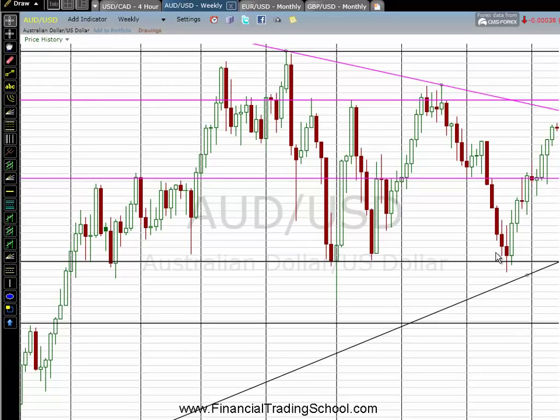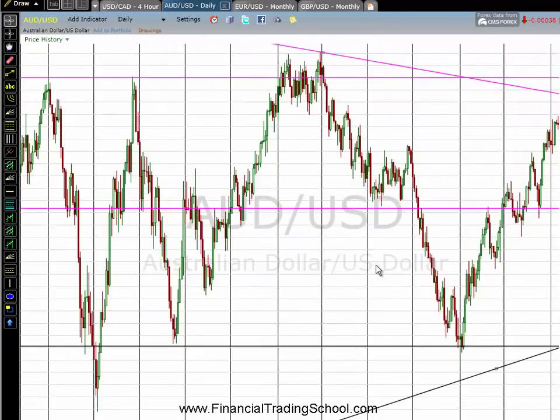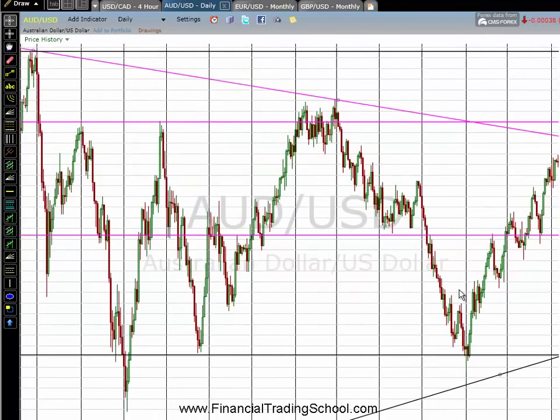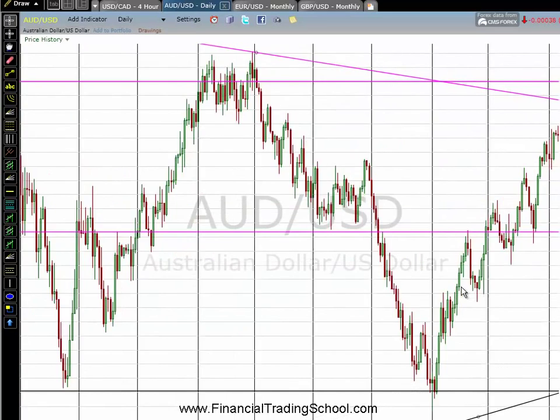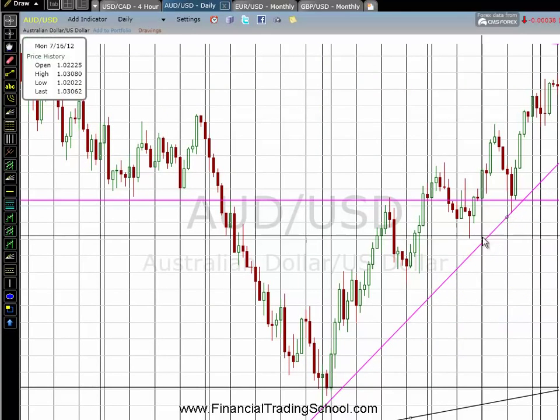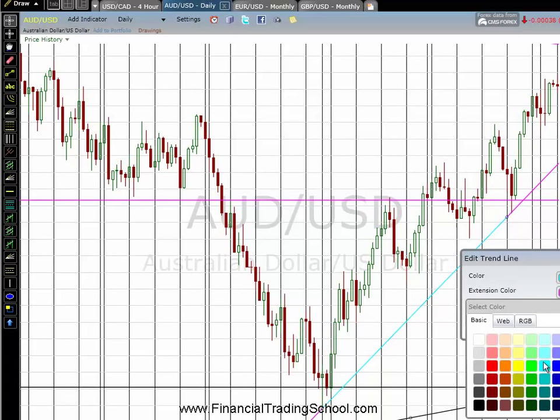Now let's move on to the daily, which is where we're going to focus on this trend here. So daily, I'm just going to zoom in since we care more about this trend here. Let's just draw from the low to say something like that, and we'll pick light blue again, or aqua.